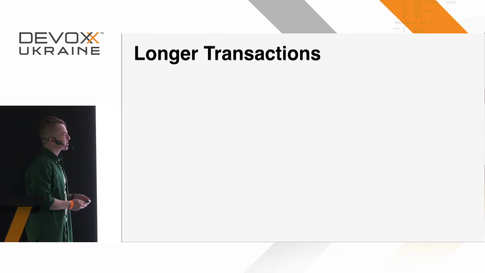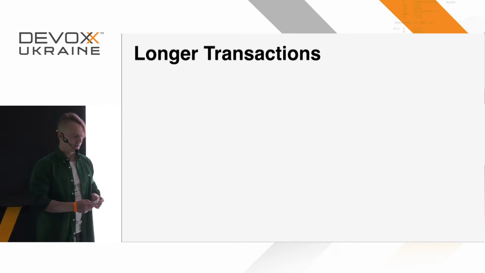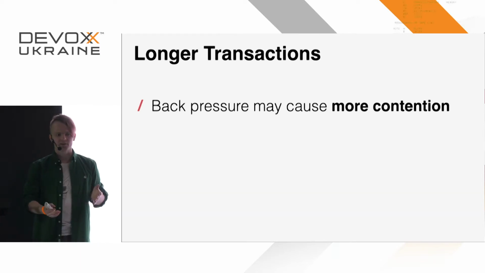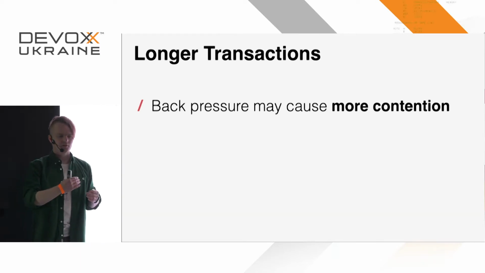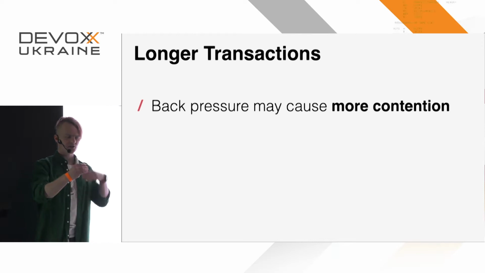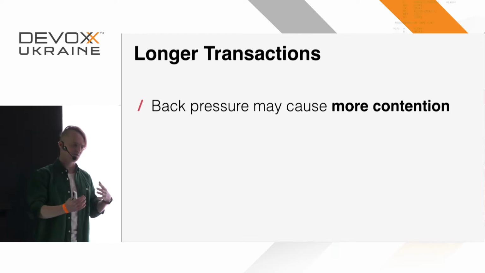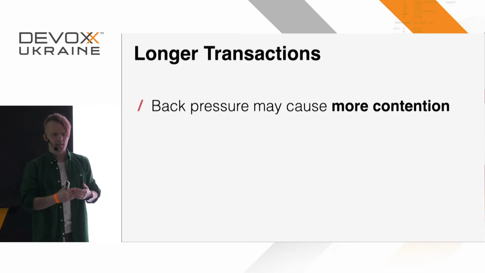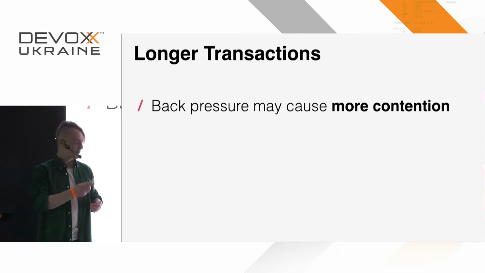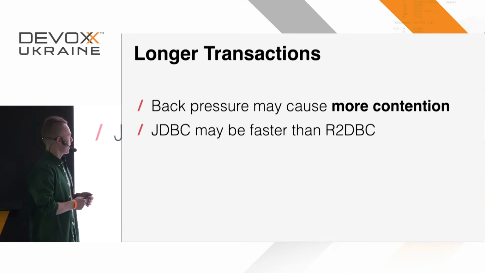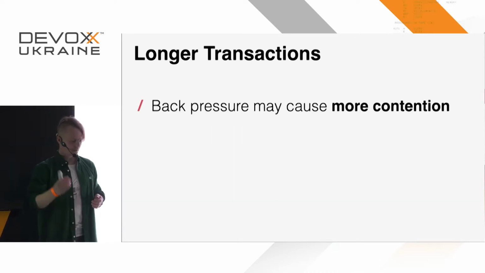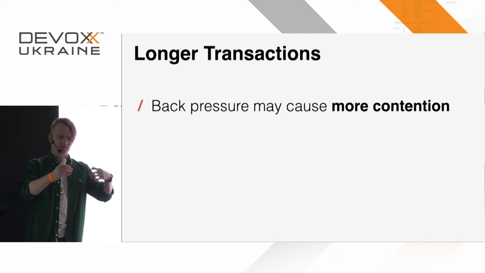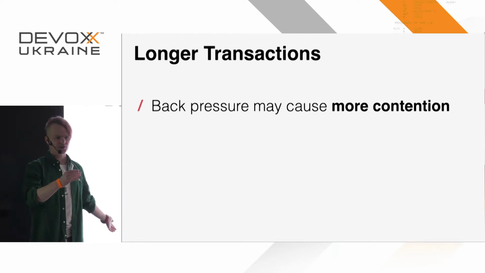Also, from the transactional standpoint, because of back pressure, we may create more contention, because previously, queries were fast. We begin a transaction, execute, close it. OK, we could do something wrong with that previously also, but now it's easier, because we have back pressure. We just begin a transaction, do something, and asynchronously close that transaction later on.